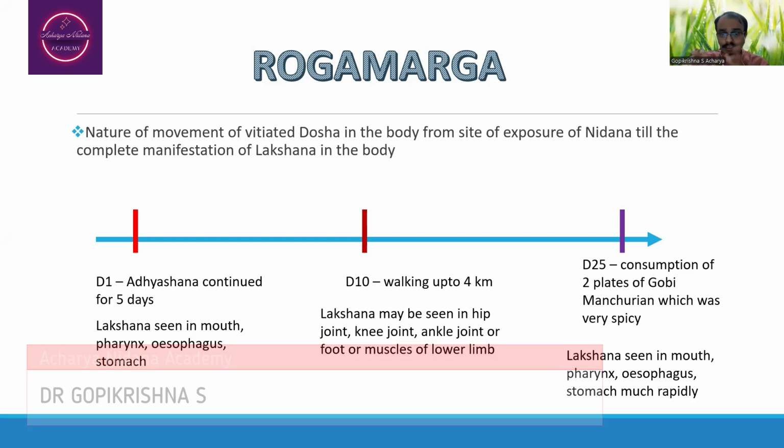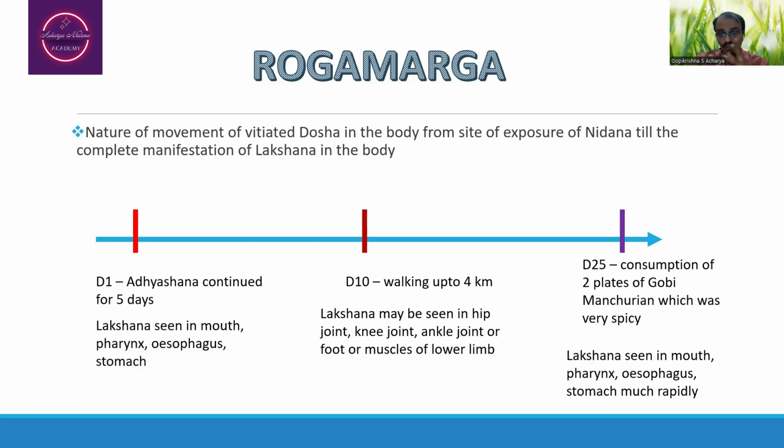So when you think about this, we observe the exposure of the Nidana on day 1 and day 25 that is related to the mouth. Whereas on day 10, the exposure of Nidana is only related to the lower limb.